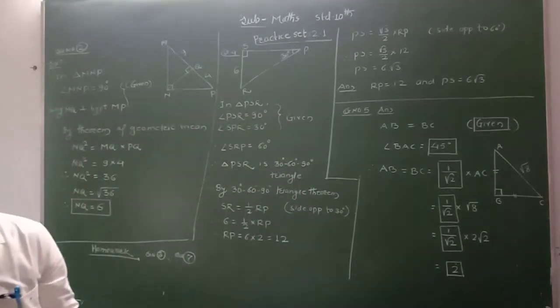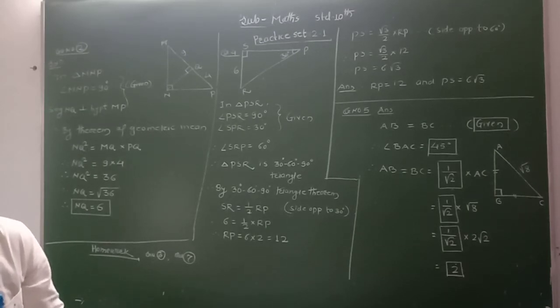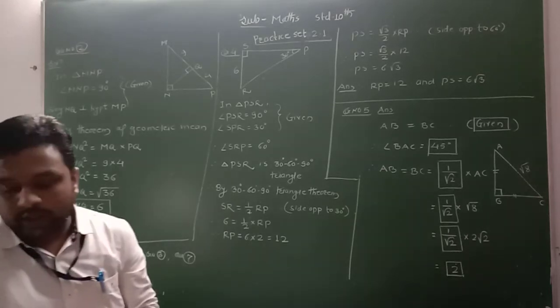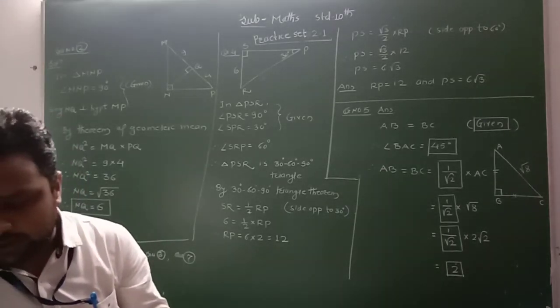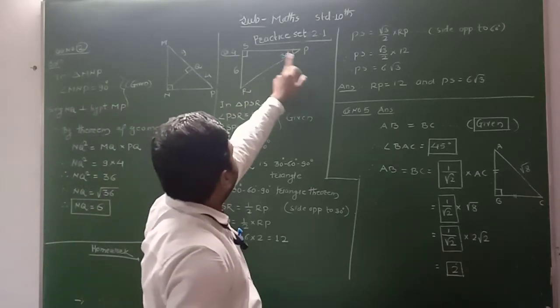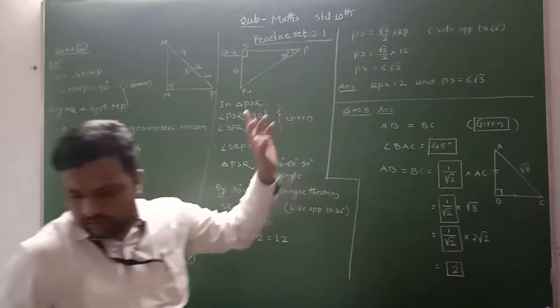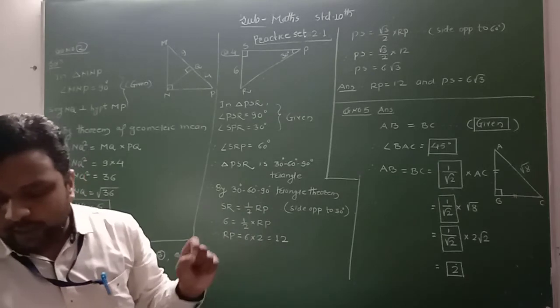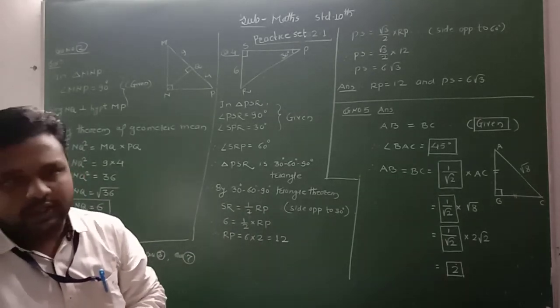Here I take question number 4. Question number 4 is given. In the given figure, find out the value of RP and PS. This RP and PS, using the information given in triangle PSR.